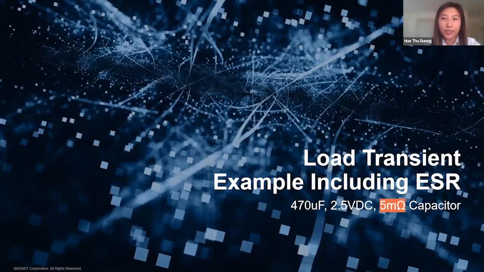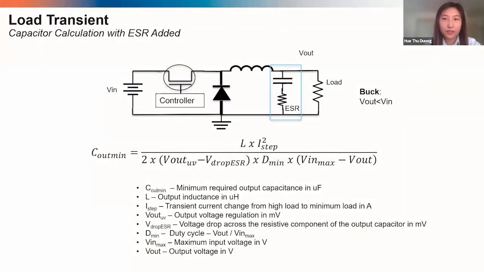So the example that we just went over was an ideal case that did not take into account ESR. Now we'll go over a few examples that do take into account ESR. This first example will deal with a 470 microfarad, 2.5 volts DC, 5 milliohms capacitor. This is almost the same equation that we used to solve for the output capacitance in the previous example, except now we're taking into account the ESR.